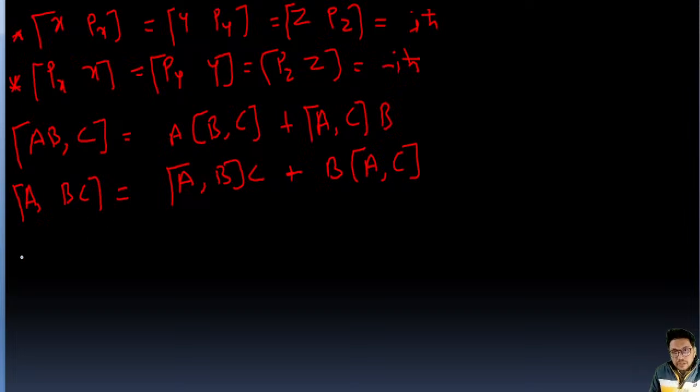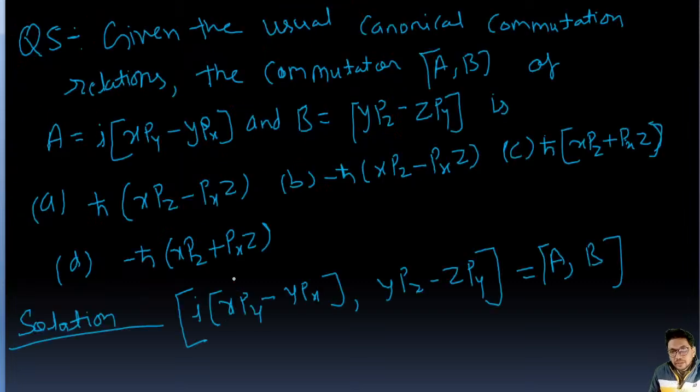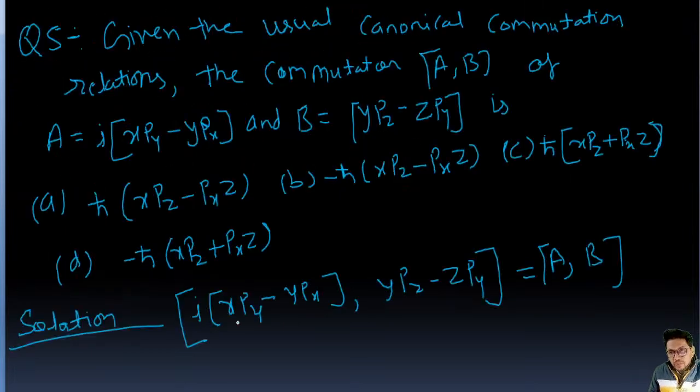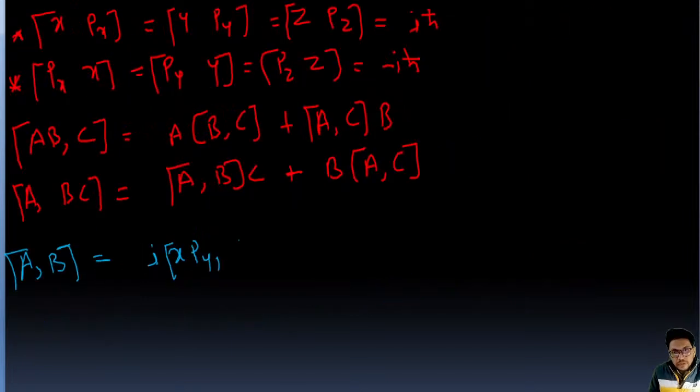So I'll write the question now. A commutation B is going to be iota xpy comma ypx, this one.